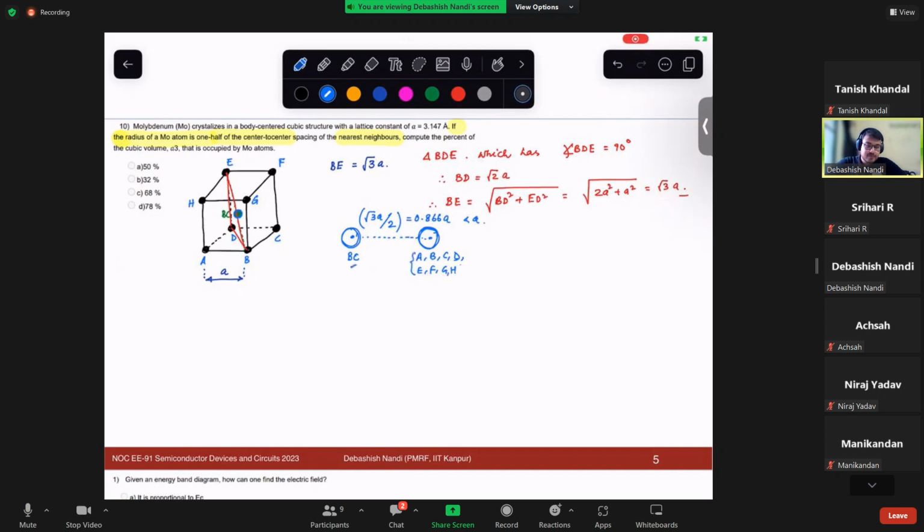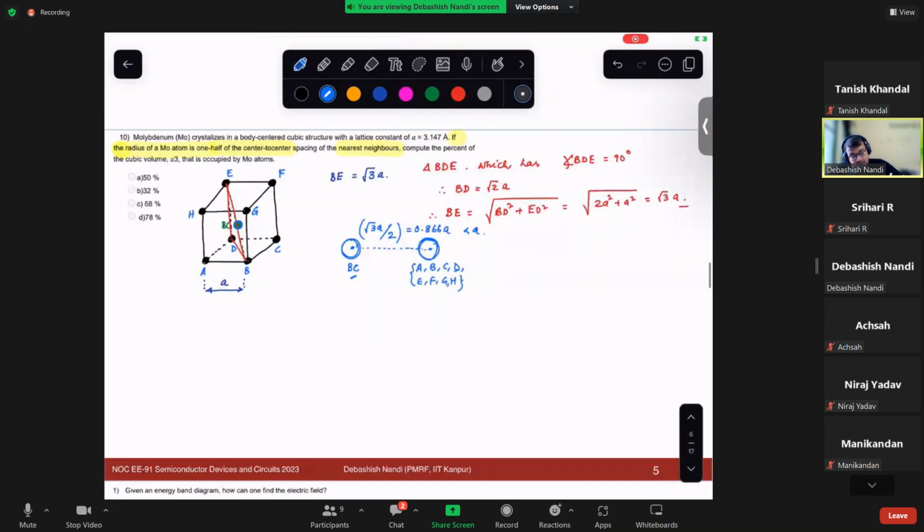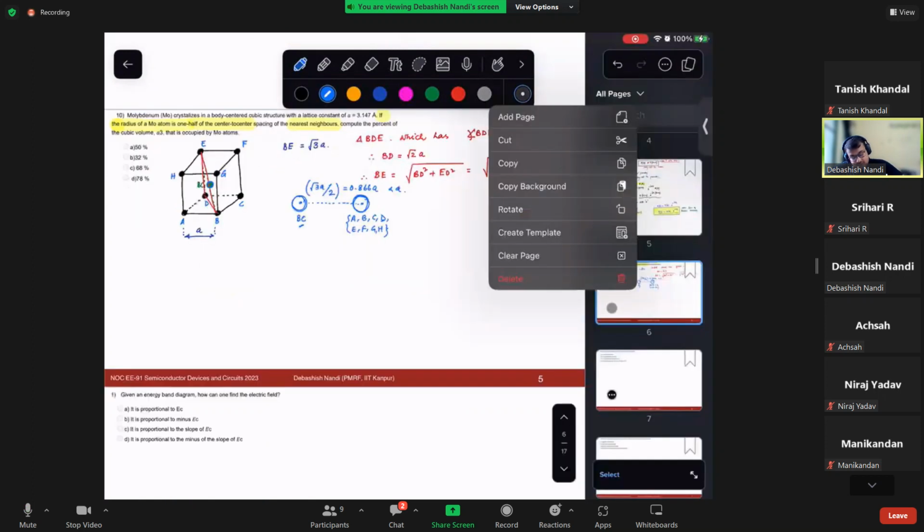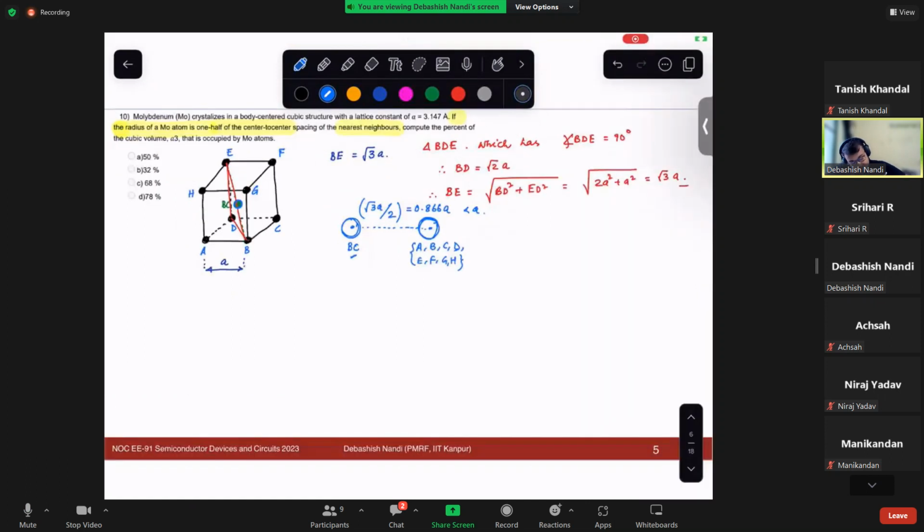Okay, so now in the question it is given that, suppose these are the two atoms, if the radius of the molybdenum atom is 1/2 of the center to center spacing of the nearest neighbors. That means they are talking about this scenario.